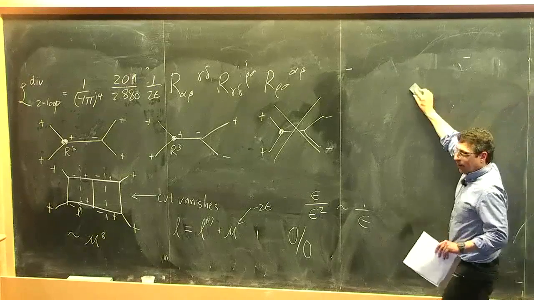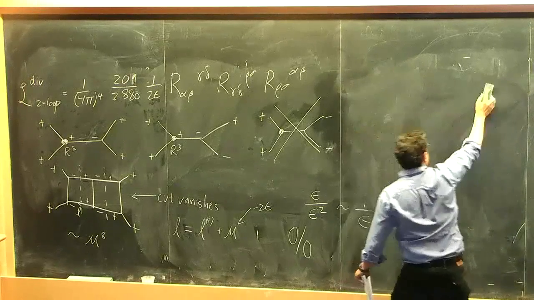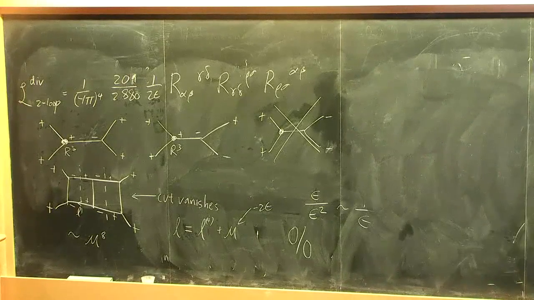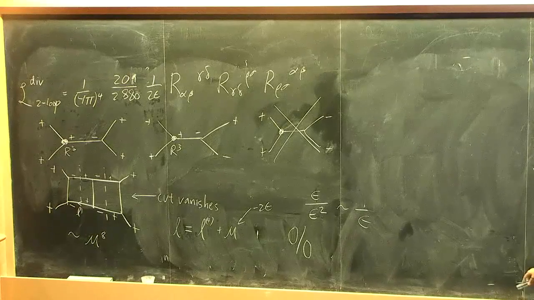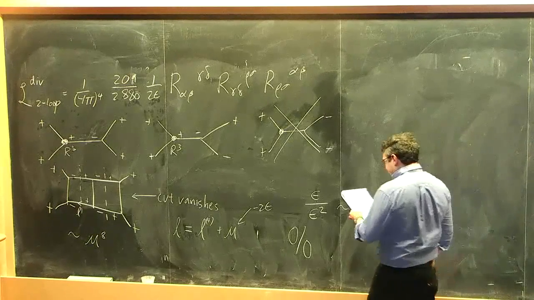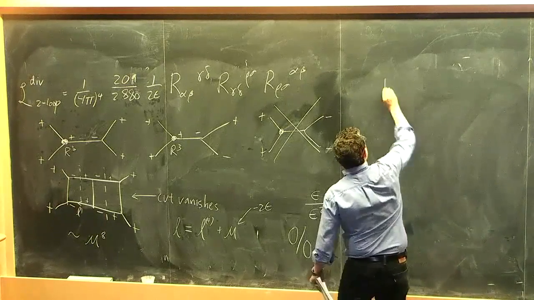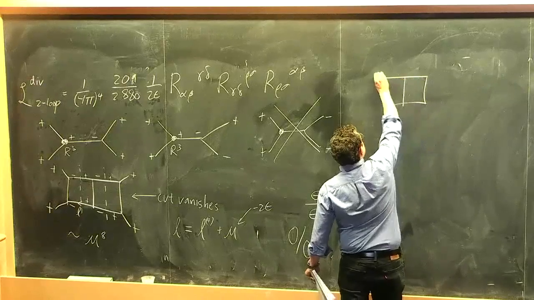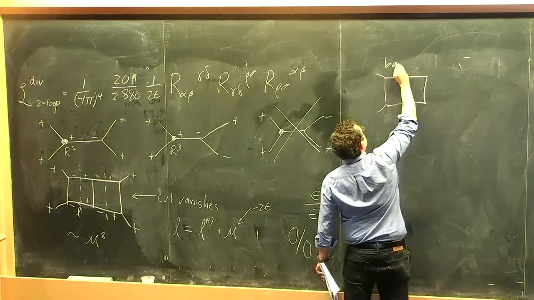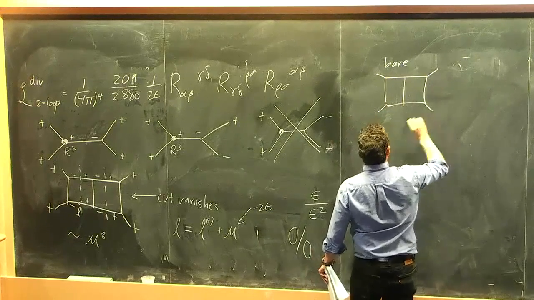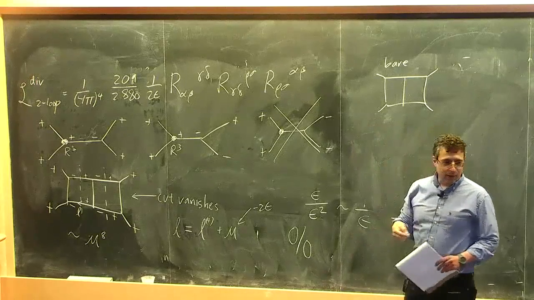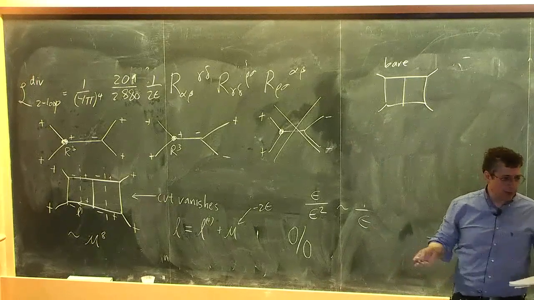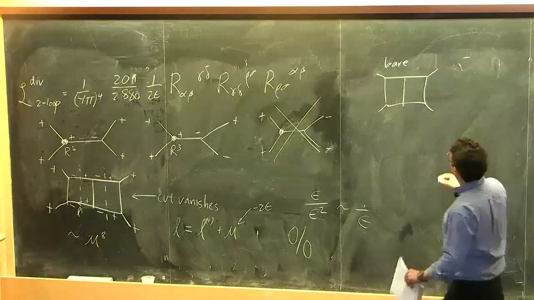How you do that in the presence of infrared singularities is an interesting story, but let me just say that we did it. So if you grab the bare part, let's just call it bare. You might be wondering why I'm calling it bare if there's no one-loop renormalization, because it was finite at one loop. But let me call it that anyway.